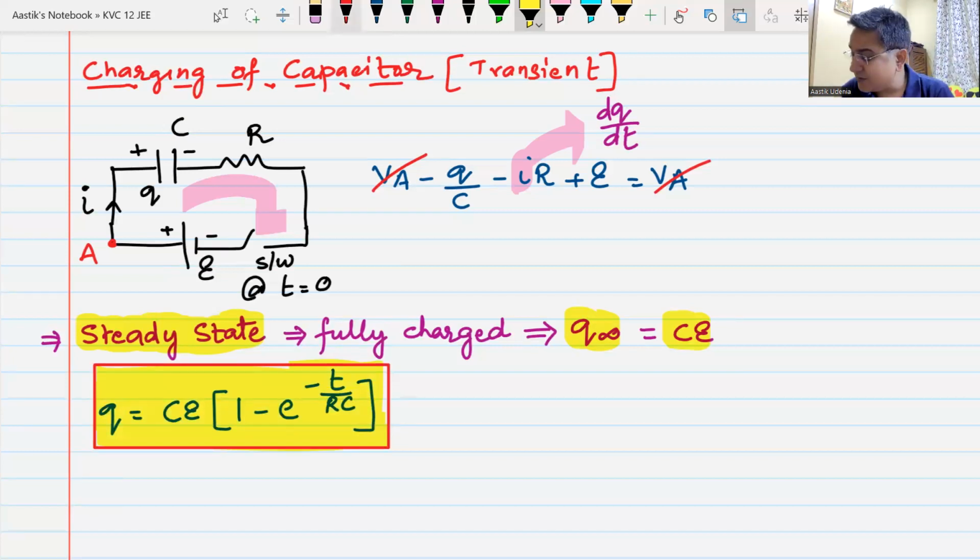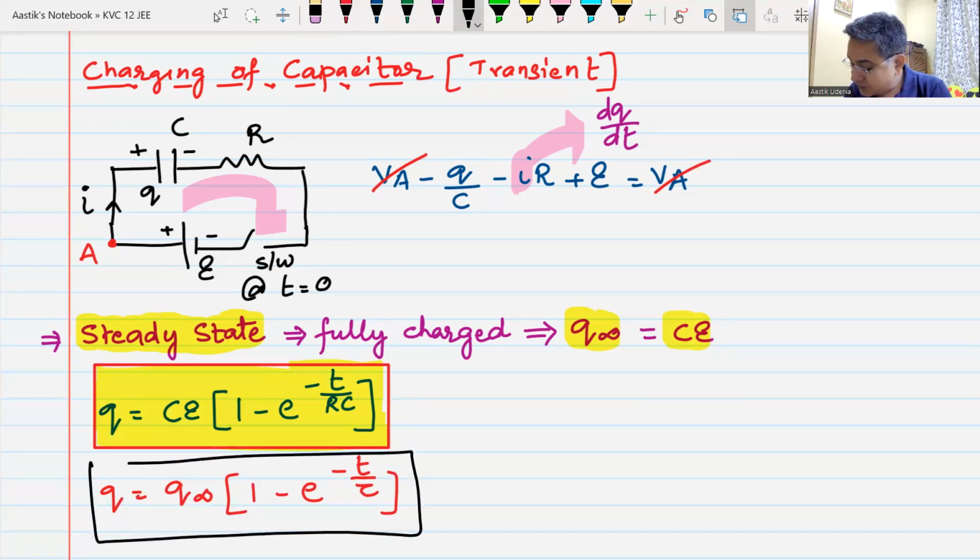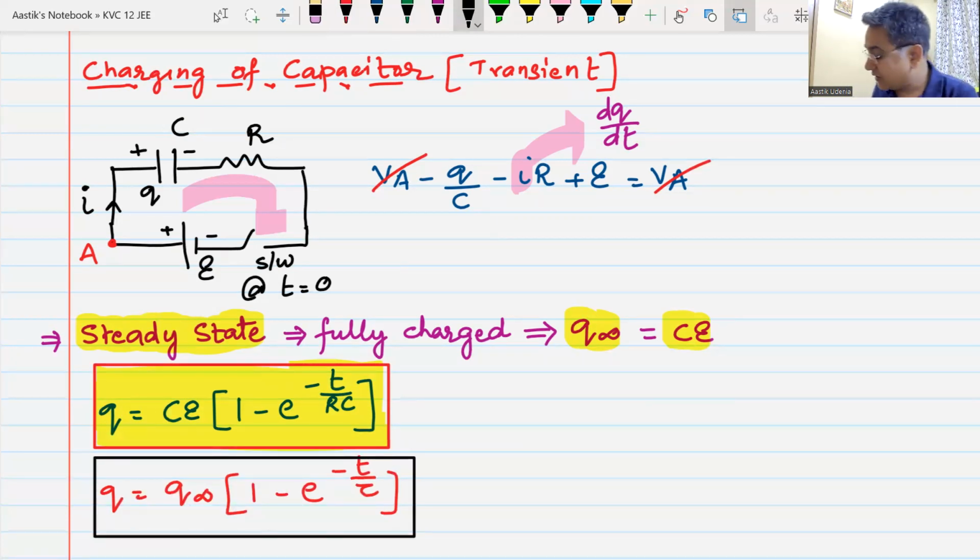This equation can be written in this fashion also: Q is equal to Q infinity into 1 minus e to the power minus t by tau. This term RC is written as tau. This is how it is normally written.